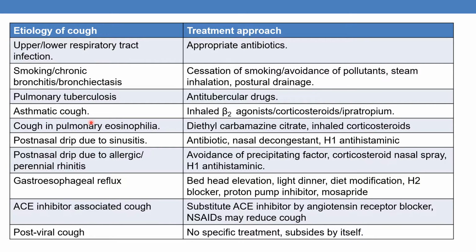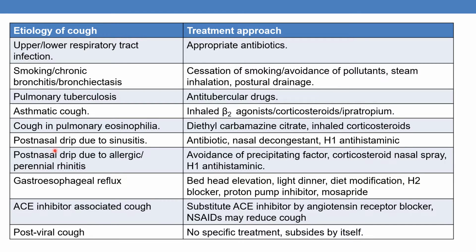If it is asthmatic cough, the drugs of choice are inhaled beta-2 agonist, corticosteroids, or ipratropium. If the cough is due to pulmonary eosinophilia, treatment approach involves diethylcarbamazine citrate and inhaled corticosteroids.